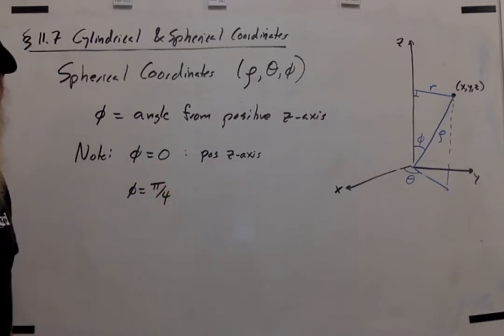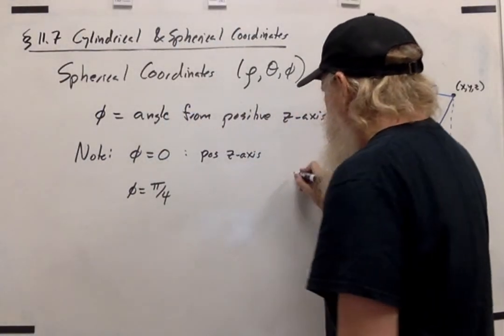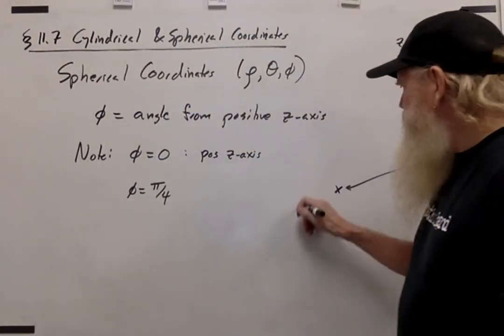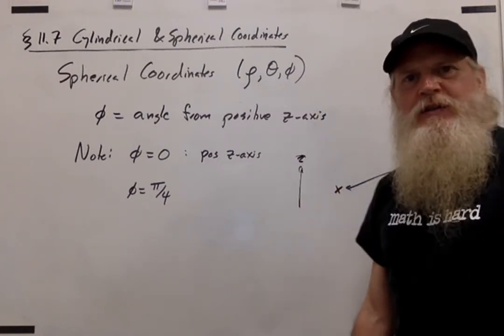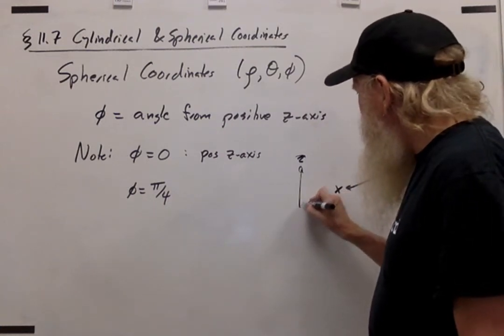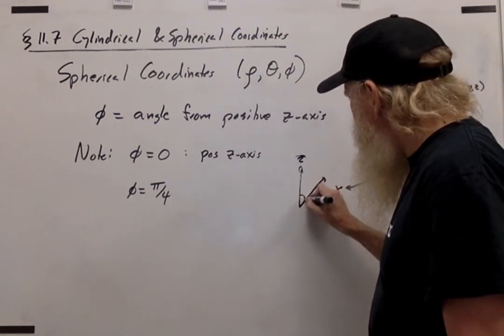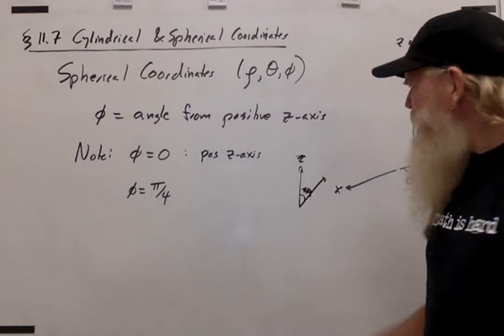Let's see what happens if you set phi equal to pi over 4. So in space, here's the z-axis. We want all the points so that when we connect them to the origin, we're going to be at an angle of pi over 4 away from the positive z-axis.